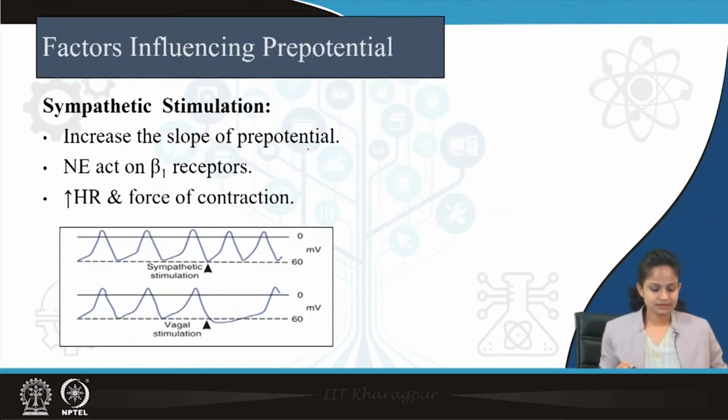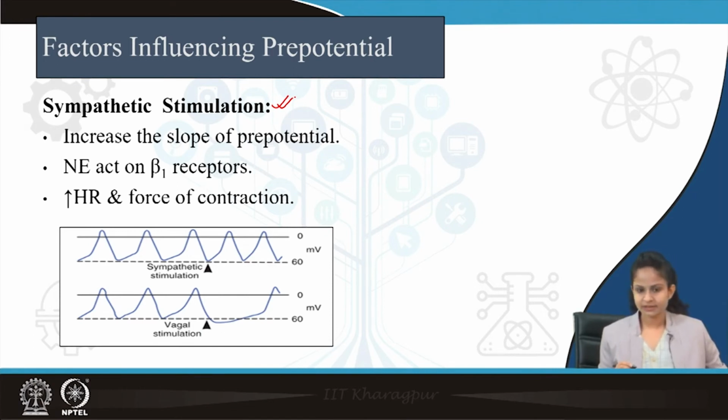Now, we will see what are the factors which influence the pre-potential. The first factor is sympathetic stimulation. Sympathetic stimulation in our body means an increase in epinephrine or norepinephrine secretions. It can occur endogenously whenever there is fright, anxiety or stress, or it can be done exogenously by giving drugs.